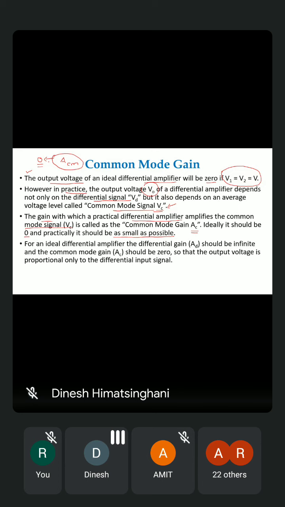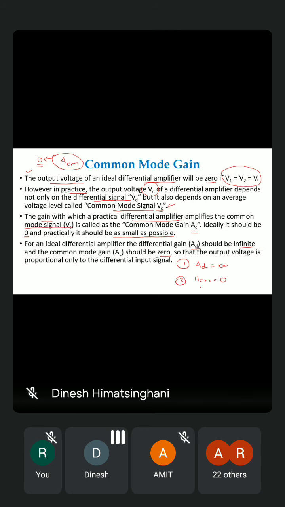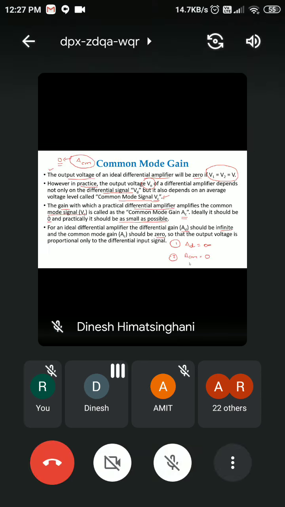There are two things that you must understand when you work with a differential amplifier. What must be the value of differential gain? Infinite. What must be the value of common mode gain, ACM? Ideally 0. So for an ideal differential amplifier, the differential gain must be infinite and the common mode gain should be 0. We have spoken about two very important parameters.